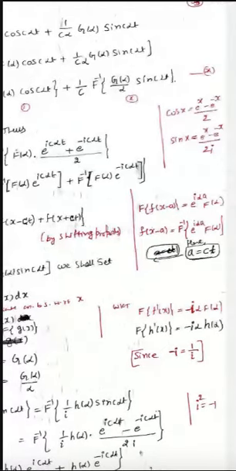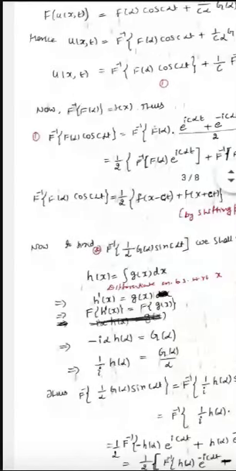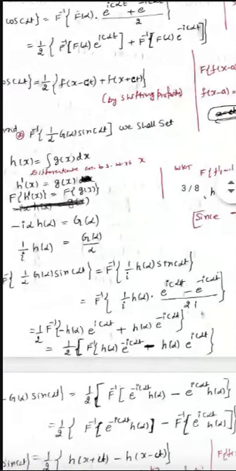Okay, so we got that. Now to find f inverse of the second one, 1 by alpha g alpha is sin of c alpha t. We can take h of x as integration of g of x. We just differentiate both sides with respect to x, so that h dash of x becomes g of x. F of g of x minus i into alpha h of alpha we can get as f inverse.